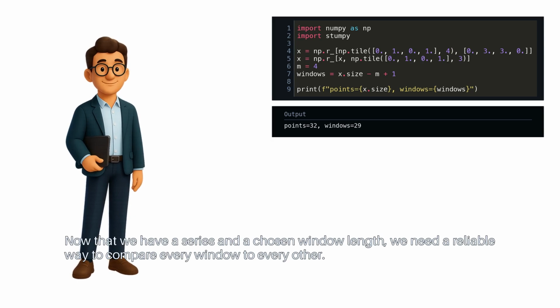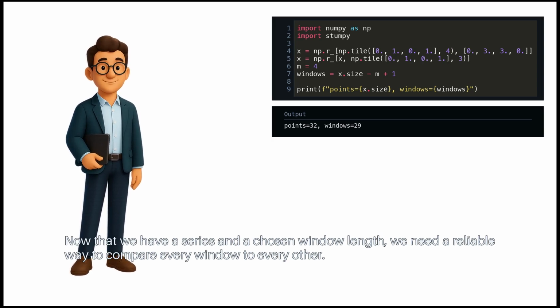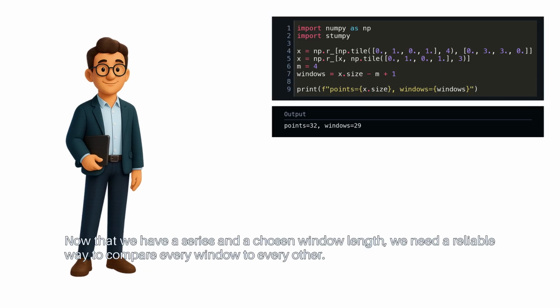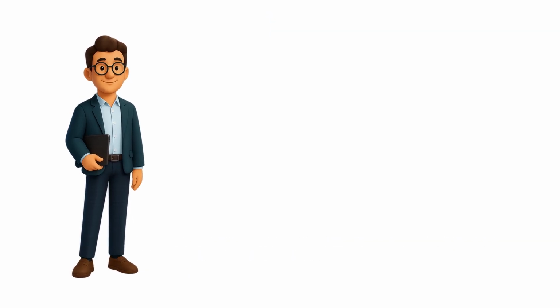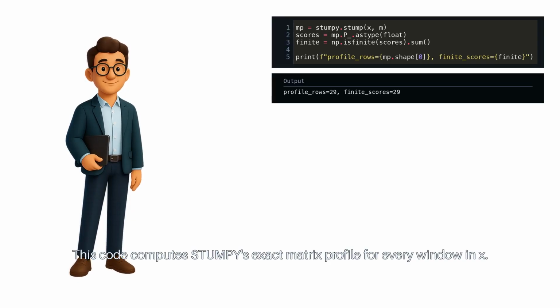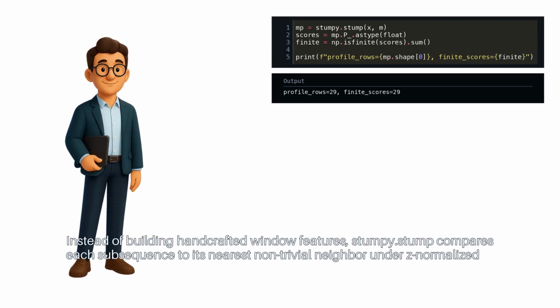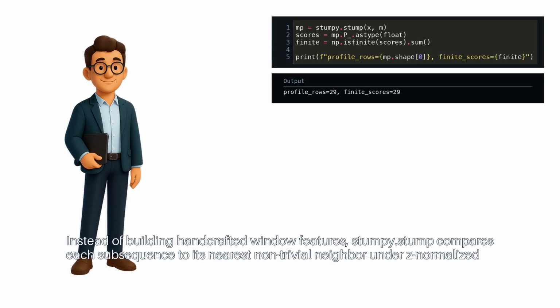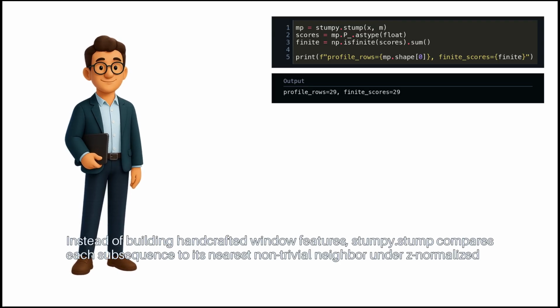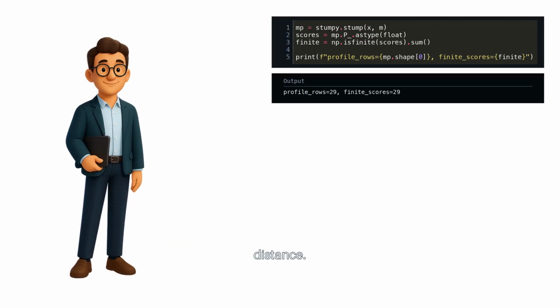Now that we have a series and a chosen window length, we need a reliable way to compare every window to every other. This code computes STUMPY's exact matrix profile for every window in X. Instead of building handcrafted window features, stumpy.stump compares each subsequence to its nearest non-trivial neighbor under Z-normalized distance.